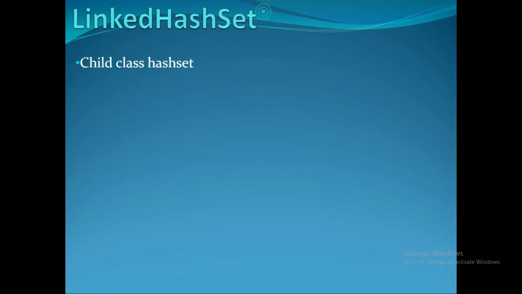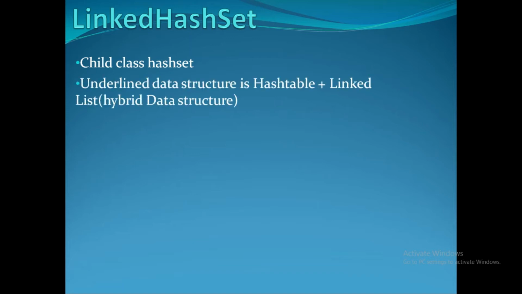The next one is what is the underlying data structure for the linked hash set. For the linked hash set the underlying data structure is hash table plus linked list, that is a hybrid data structure.